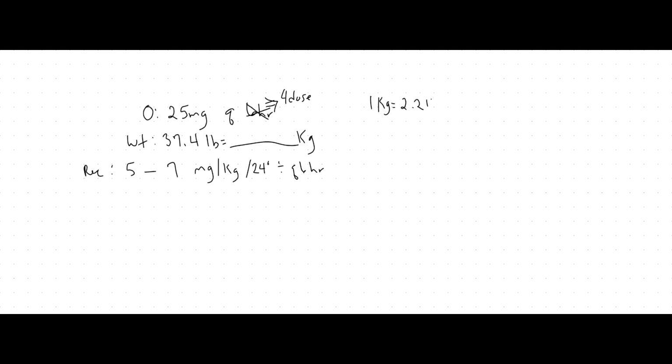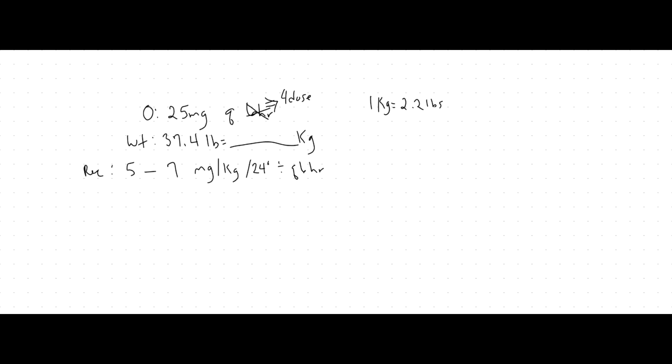One of the things I always tell y'all is it's best to work everything out, but kind of like when you're converting ounces to milliliters for INOs, you always want to seal in your brain that anytime I'm going from pounds to kilograms, I'm going to divide. So 37.4 divided by 2.2 is 17 kilograms.